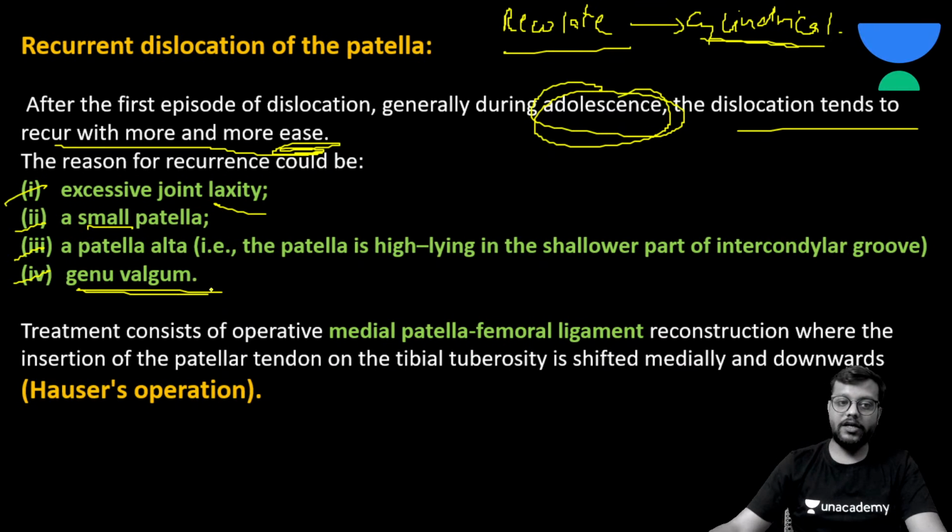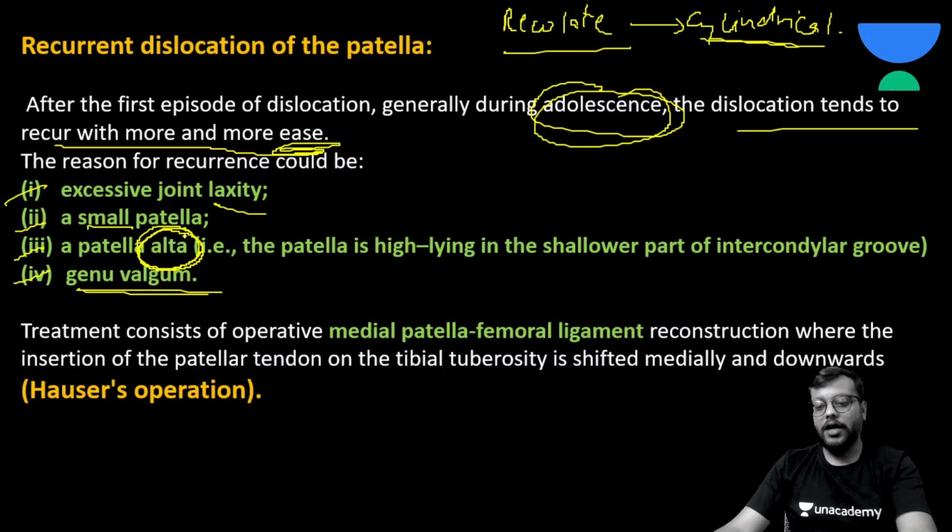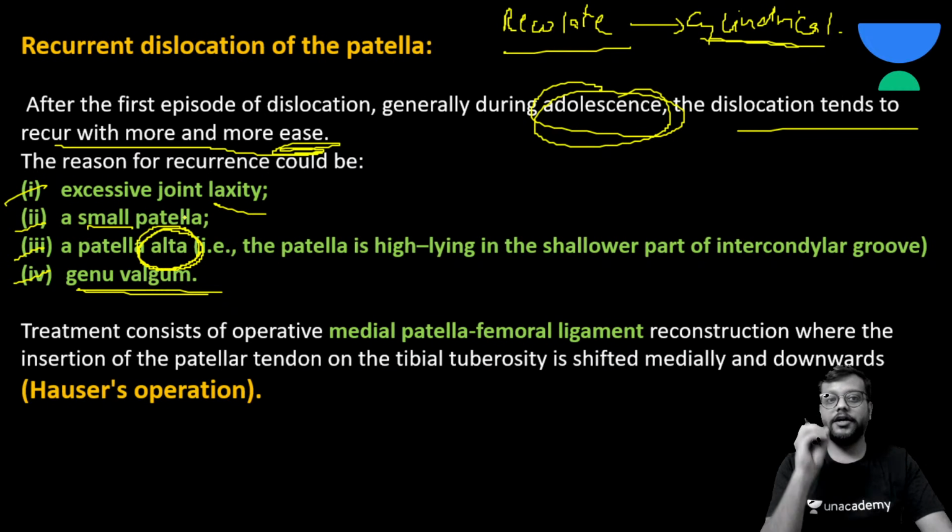So if there is genu valgum deformity and patella alta. Between patella baja and patella alta, in which are the chances of recurrent dislocation of patella higher? It is patella alta. And also between genu varus and genu valgum, it is in genu valgum.